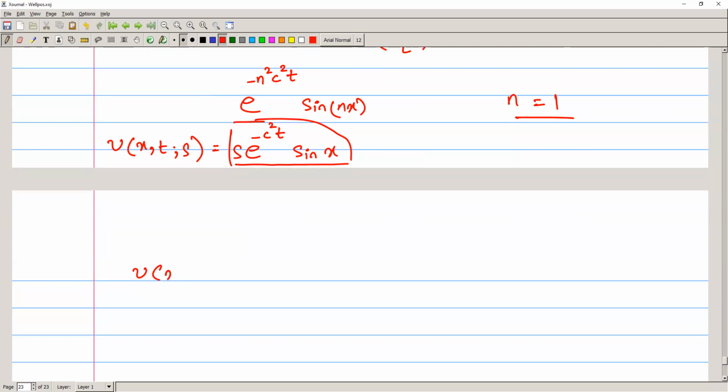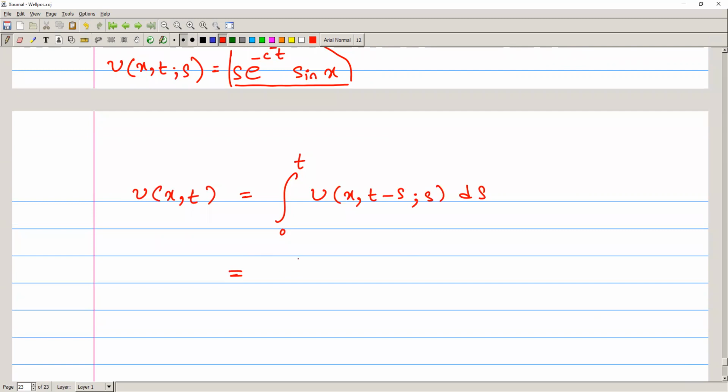Now we can apply the Duhamel's rule, that is v of x comma t is equal to the integral from 0 to t of nu of x comma t minus s such that s ds, right?